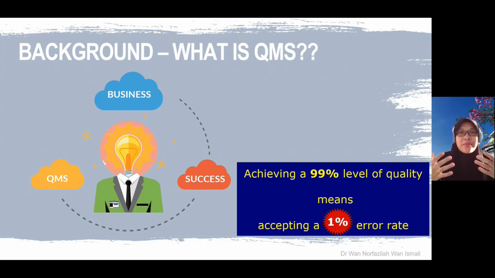Okay. You guys, sebelum kita pergi ke next slide, cuba fikirkan. Kalau dah capai 99%, tu dah cukup bagus lah, dah A+ dah. Okay, tapi kalau 99% level of quality, still ada 1% error rate. Is it acceptable?